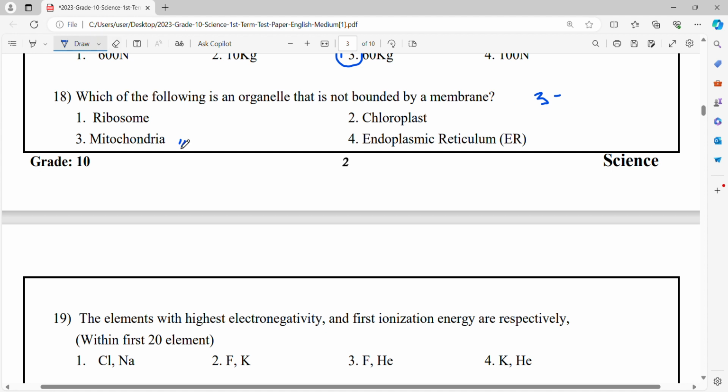These three organelles have a double membrane. Only the ER has a single membrane, and the ribosome has no membrane. So here the ribosome is not bounded by any membrane.